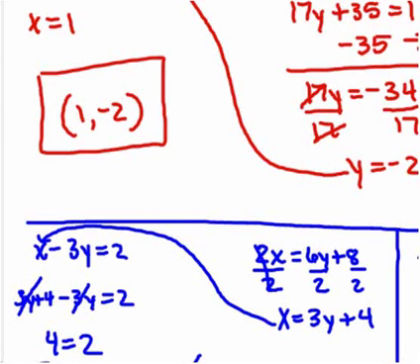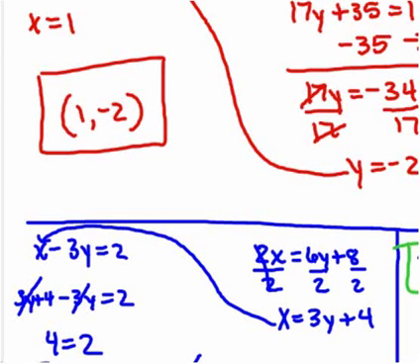Now, at this point, you should realize, wait a minute, this equation, in a manipulated form, and this equation are the same, right? Therefore, these have infinitely many solutions. You don't want to say all real numbers because it's not numbers, it's ordered pairs. It is numbers inside the ordered pairs, but it's not just a number. So we're going to say infinitely many solutions.